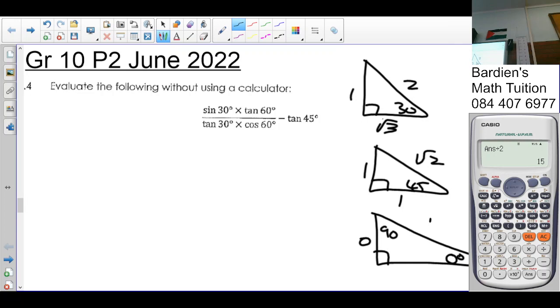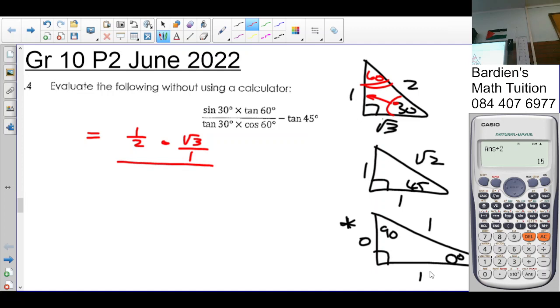This is not a triangle, but works for what we're looking at. Okay. So sine of 30, there's your 30 degrees, remember that's 60. Sine is opposite over hypotenuse times. There's your 60 degrees. Tan is opposite, which is root 3 over adjacent, which is 1.